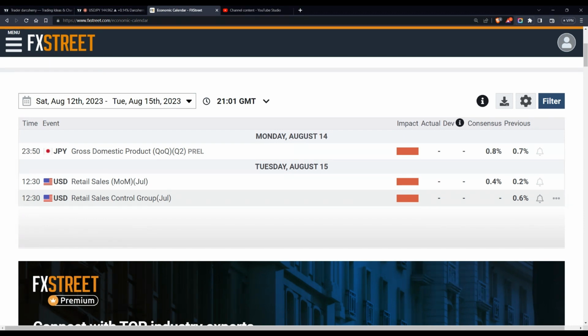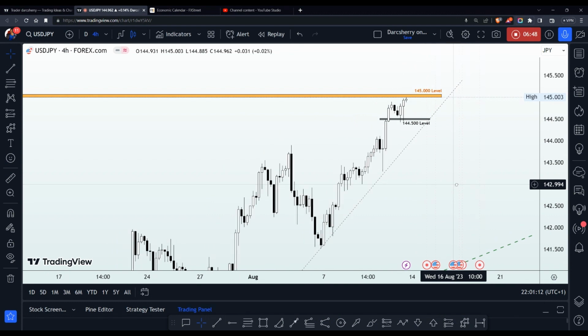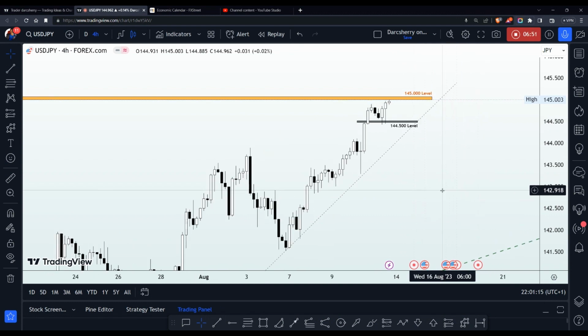And of course, participants in the market will definitely be anticipating this, which will reflect on the chart as price action. So going back into the chart here, we are going to wait and see how the market would react to the zone.